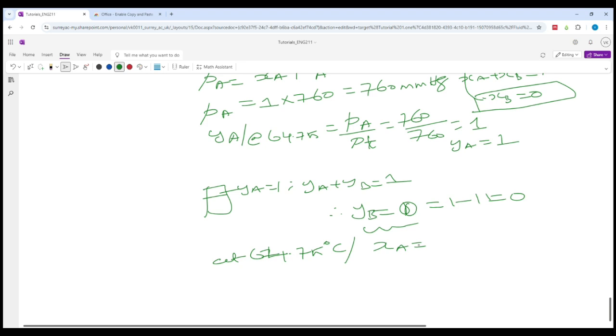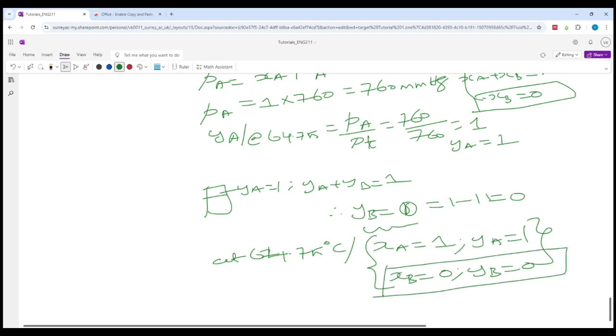So at 64.75 degrees centigrade, XA is equal to 1, YA is equal to 1, XB is equal to 0, and YB is equal to 0. What this means is there is no component B in the liquid or the vapor, and everything is just component A.